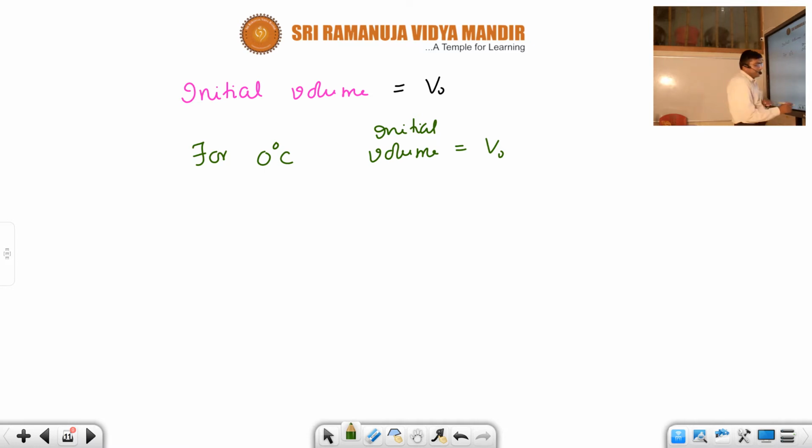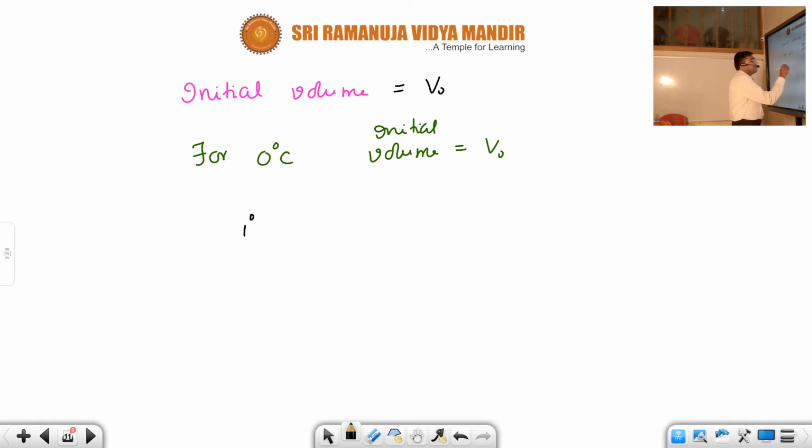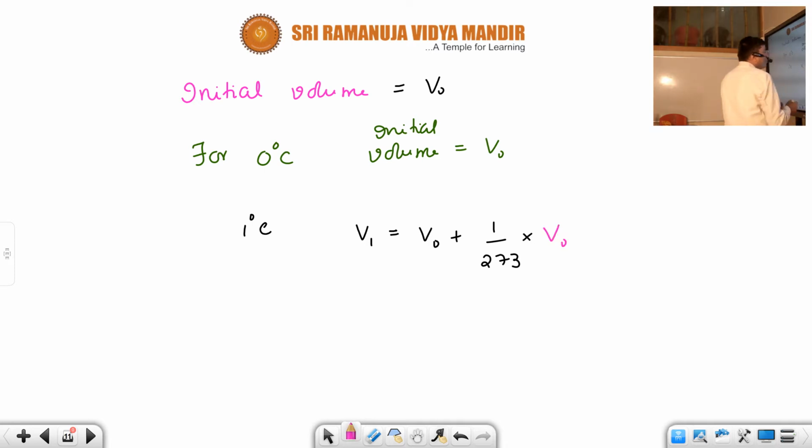Now what Charles' law is saying is, for a degree raise in temperature, for example for 1 degree centigrade, what happens? V1 is equal to V0 plus 1 by 273 of V0. Students, try to understand.